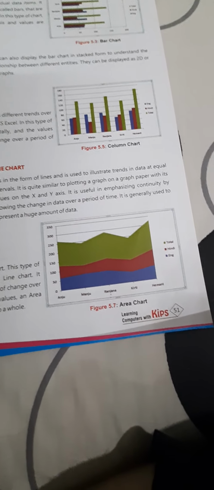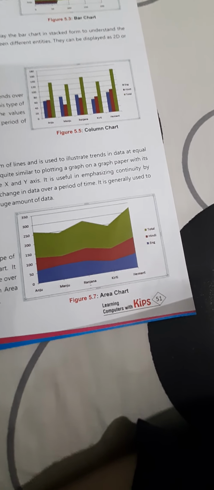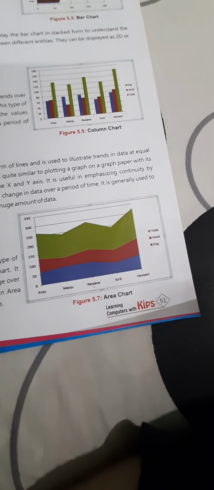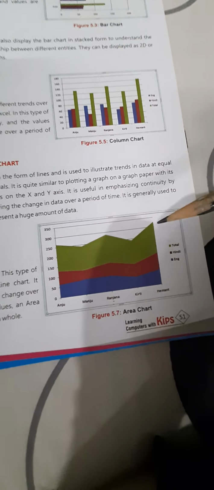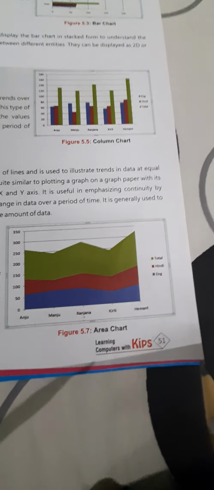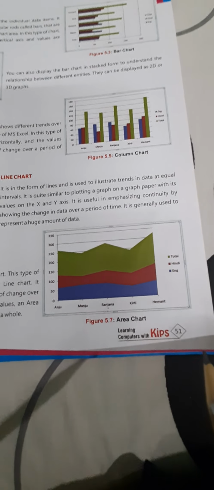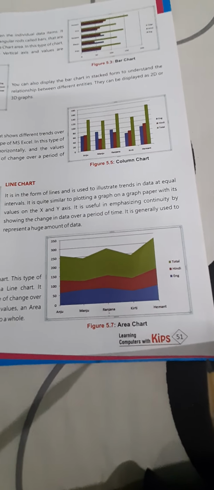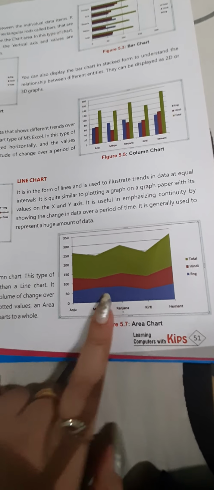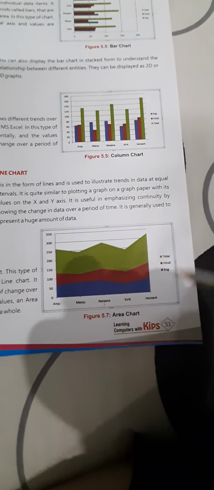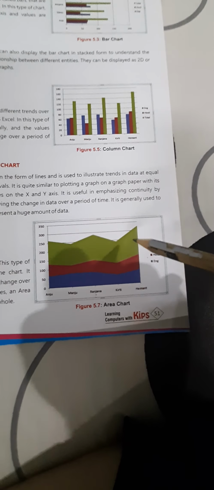Next comes the area chart. It is a unique version of a line or column chart. This type of chart has a greater visual impact. Visual impact means that whatever I am seeing, I can see and understand very clearly.